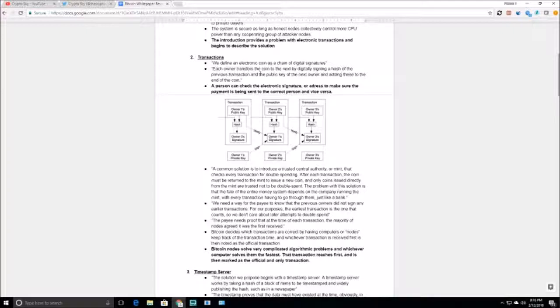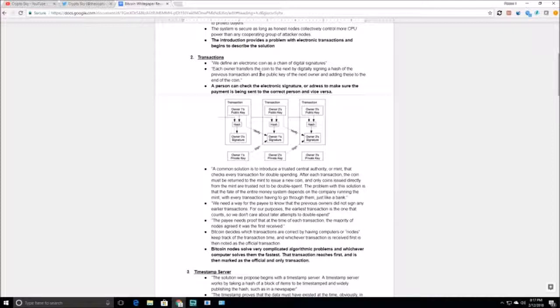So a common solution is to introduce a trusted central authority, or mint, that checks every transaction for double spending. So people can't spend more than they have or run the transaction twice. After each transaction, the coin must be returned to the mint to issue a new coin, and only coins issued directly from the mint are trusted not to be double spent.